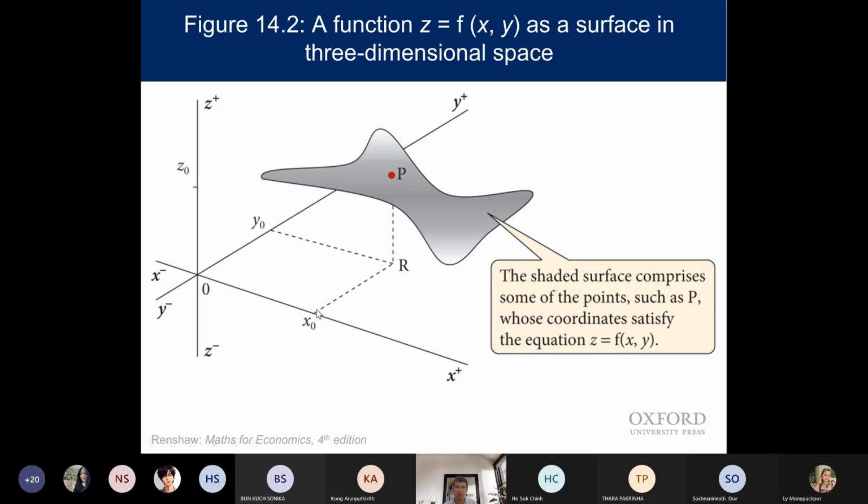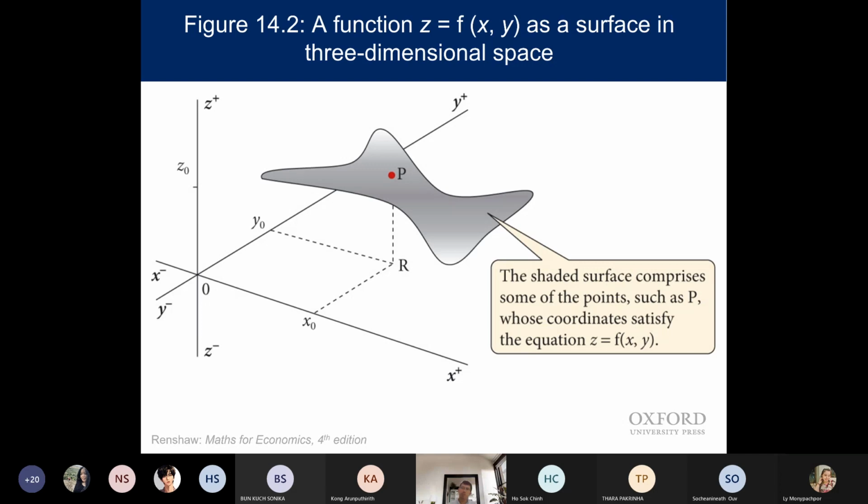So in the figure you can see, when x equal to x0 and y equal to y0, that corresponds to a point R in the xy plane, and corresponding to that point is the level of the function, right? So maybe it will take the level z0, so that you will create a point P in space.